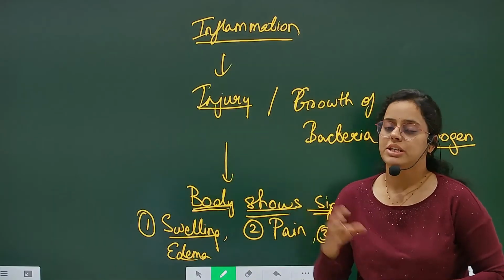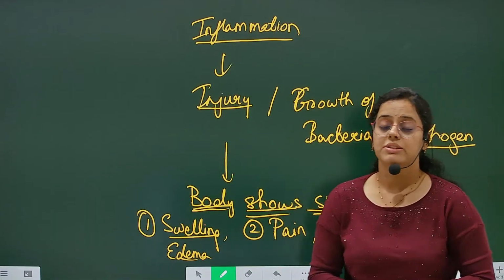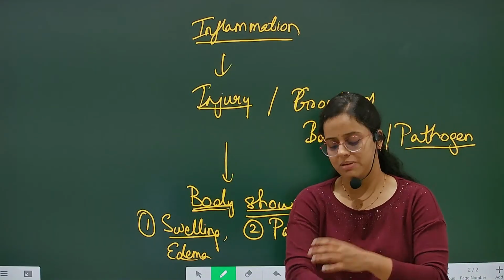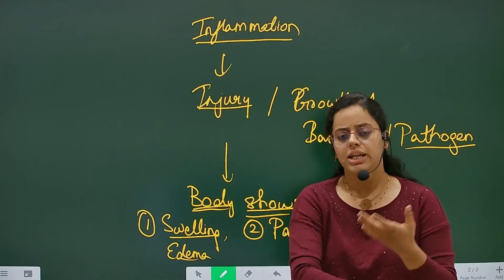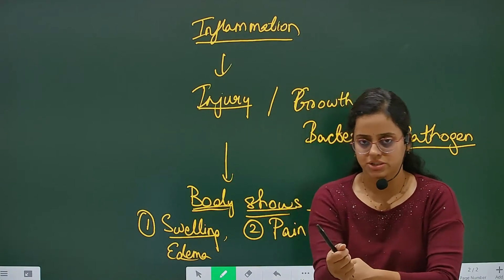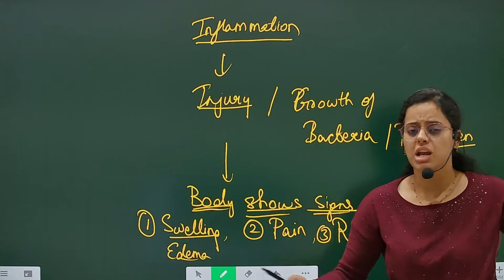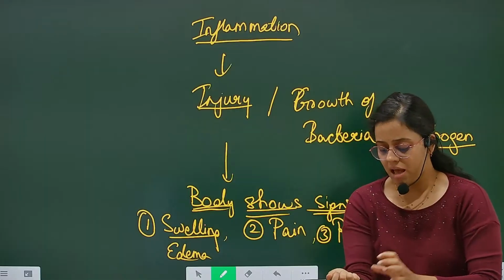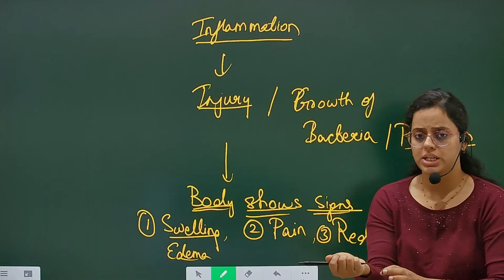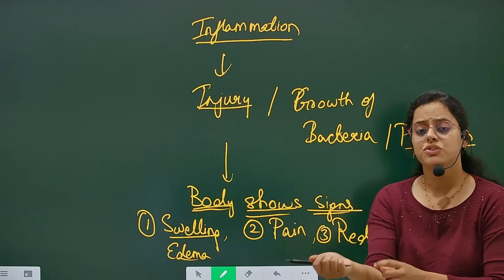When there is an injury or an external force applied, let us take an example: somebody punched your hand with a large force, not a small force. What happens? The tissue over here undergoes swelling.